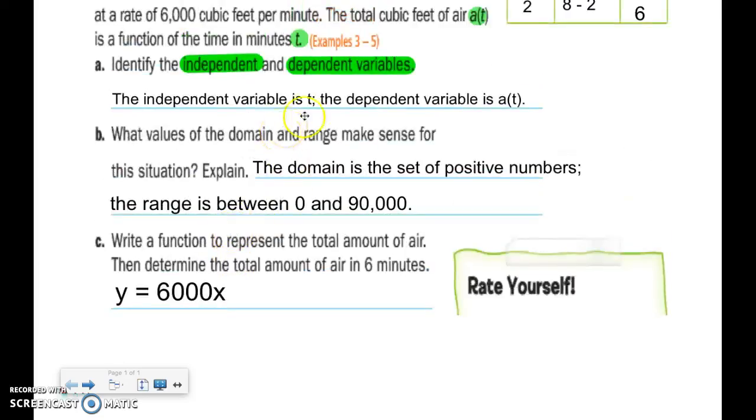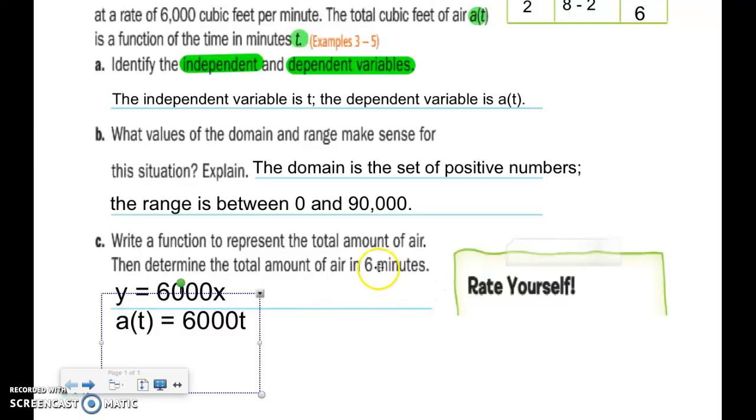So I've got A of t, which is going to represent the y, and t, which is going to represent the x. So A of t equals 6,000t is my equation.